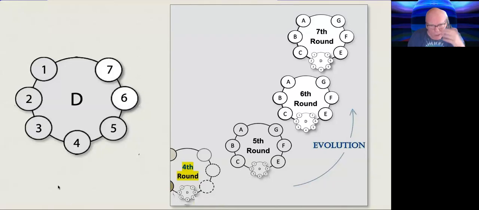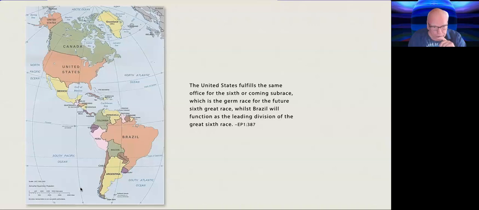And DK gives us a specific example of this. He says, the United States fulfills the same office for the 6th or coming subrace, that's in our 5th root race, the 6th subrace, which is the germ race for the future 6th great race, the 6th root race, whilst Brazil will function as the leading division of that great 6th race.